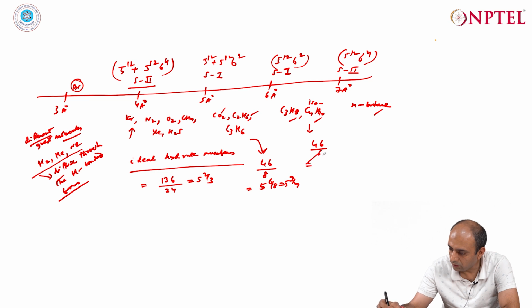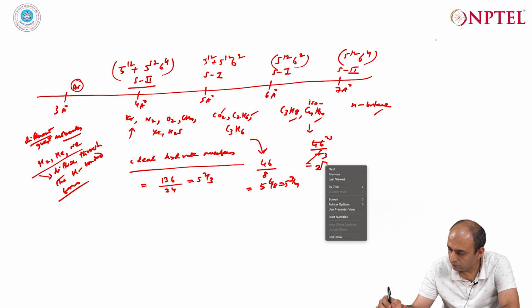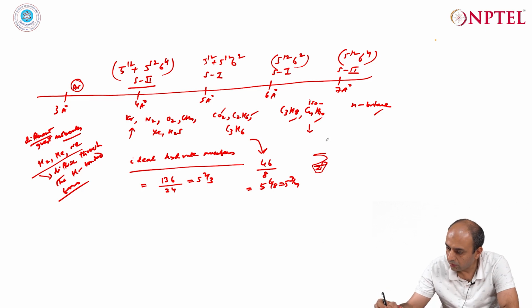So, this comes out to be 46 by 6, that is 7 2/3, and here we are going to have 136 water molecules divided by 8, and that is going to be 17.